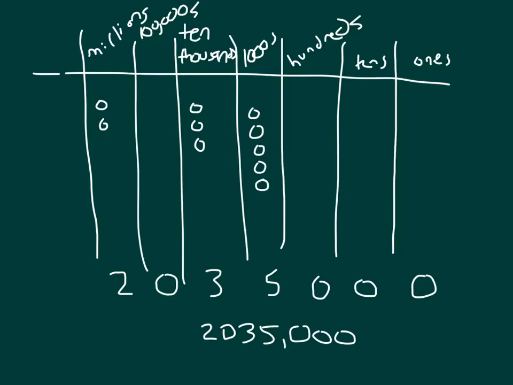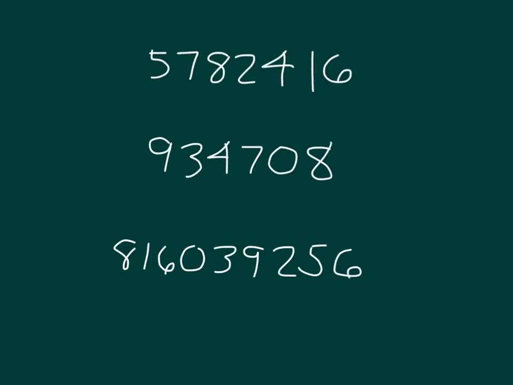We'll place our comma there. Do the same thing again, 3 more places, and place another comma. So this number here is read as 2,035,000. Read it again, 2,035,000.